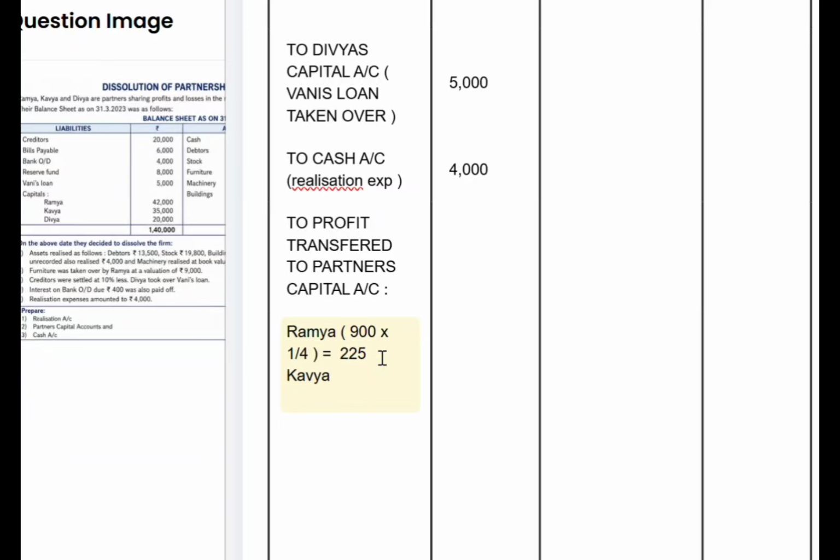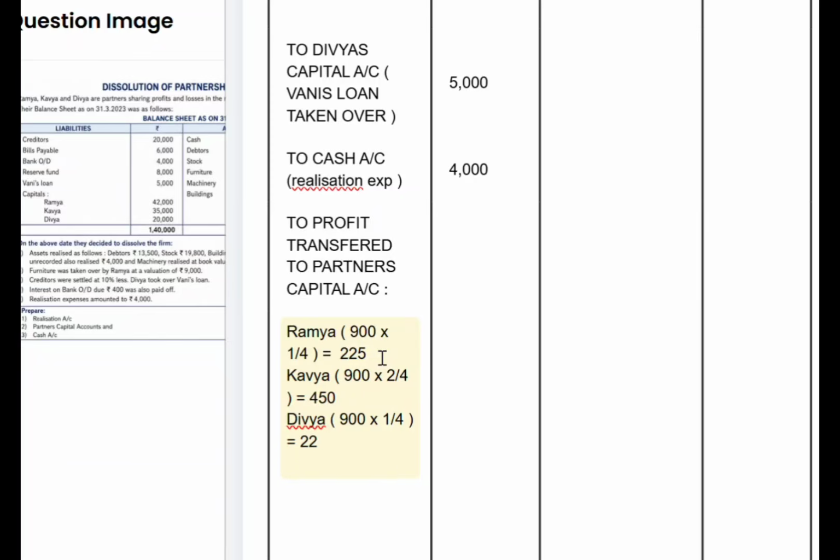It is distributed to the next partner Kavya, 900 into 2/4, which will be 450 for Kavya. And for the third partner Divya, it is 900 into 1/4, which will be 225. So the total profit that is transferred is rupees 900.